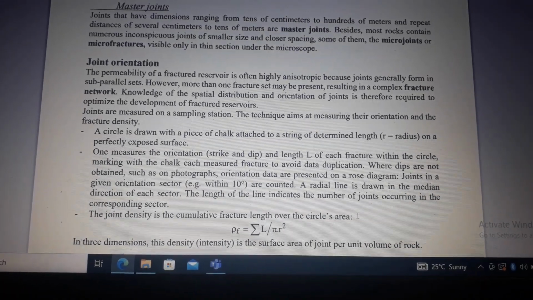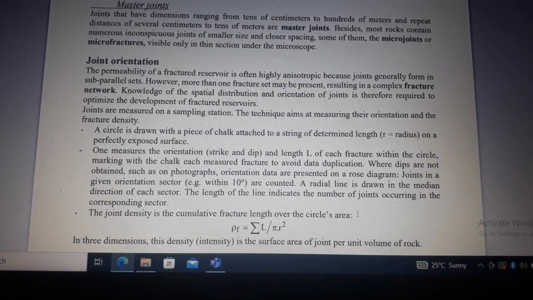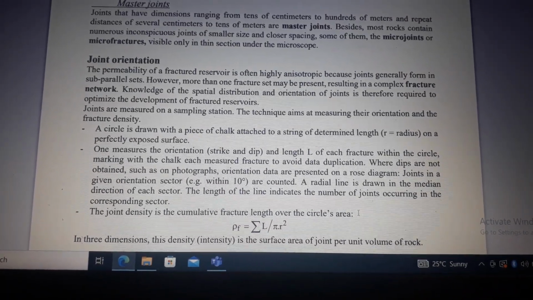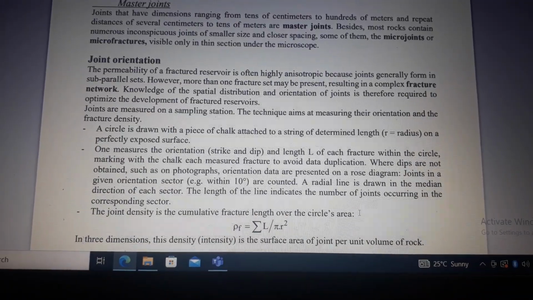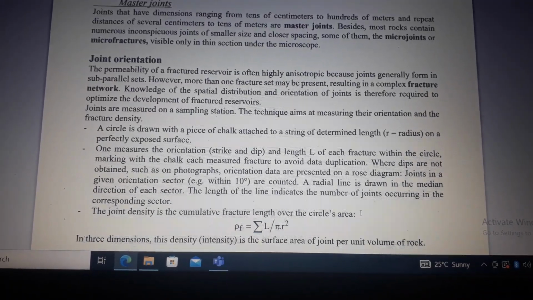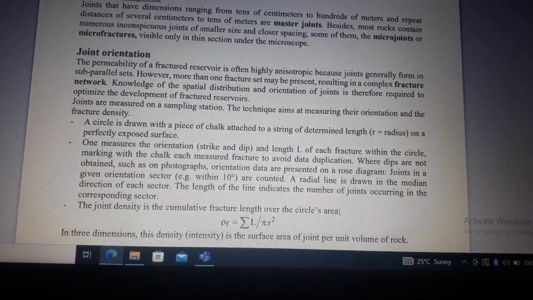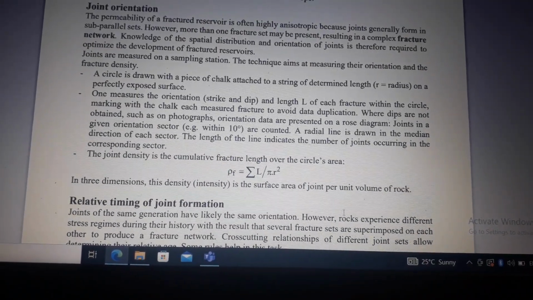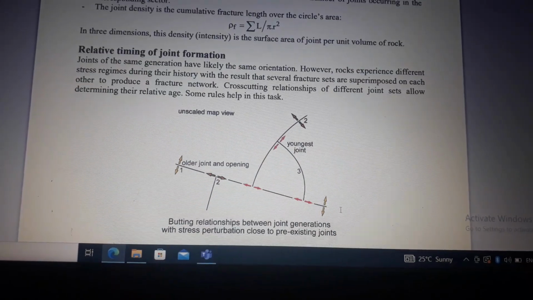Joints in a given orientation sector, for example within 10 degrees, are counted. The joint density is the cumulative length over the circle's area: P_F equals the summation of L divided by pi r squared. In general three dimensions, this density or intensity is the surface area of the joint per unit volume of the rock.